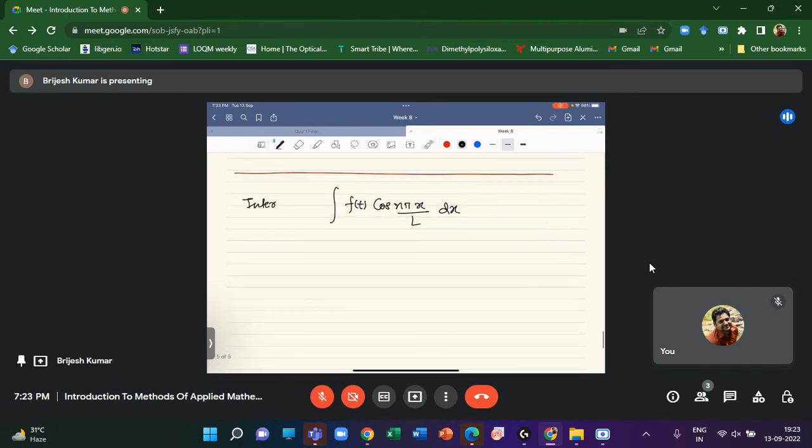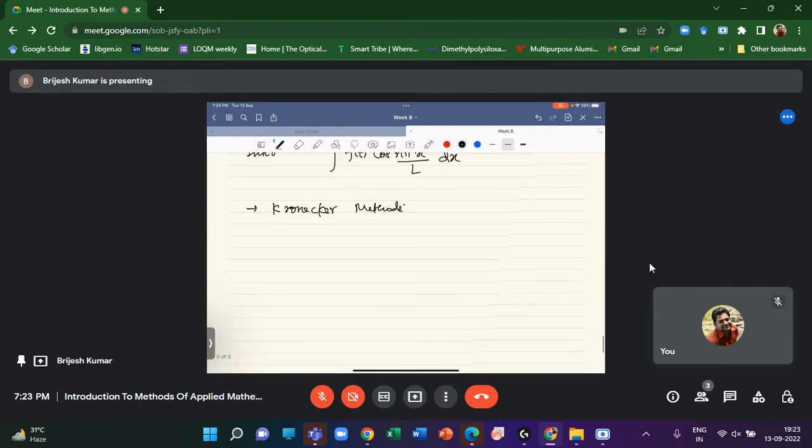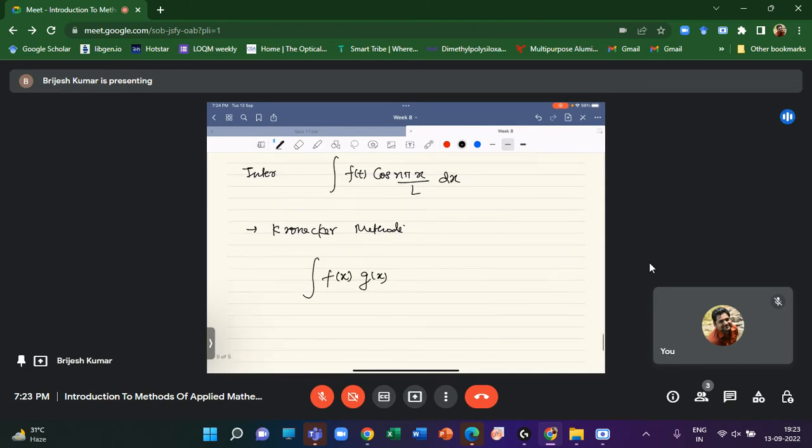So the shortcut method, just for the trick, is also called the Kronecker method. In this method we take two functions, f of x and g of x.